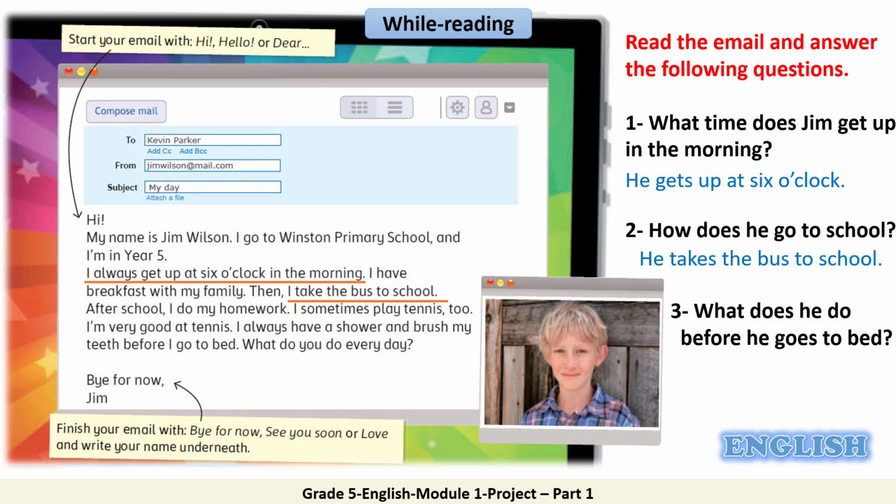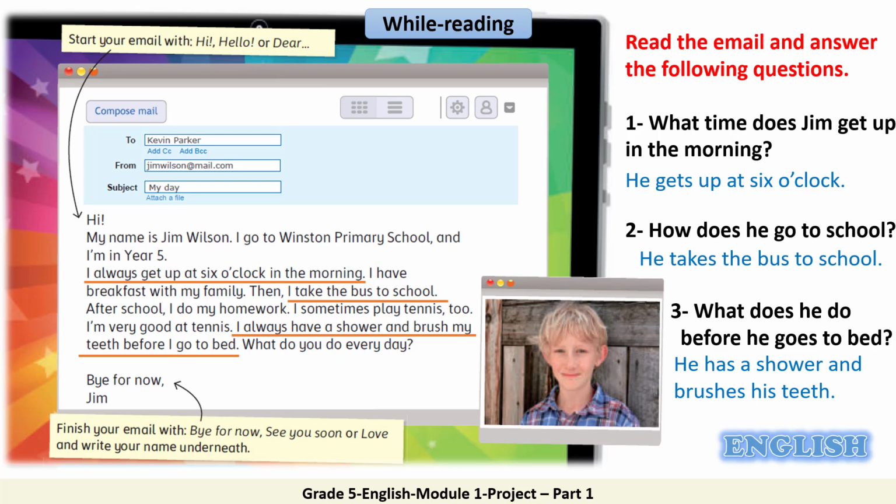I take the bus to school. So the answer is he takes the bus to school or he goes to school by bus. The third question, what does he do before he goes to bed? Here he says, I always have a shower and brush my teeth before I go to bed. So this is our answer here. He has a shower and brushes his teeth.